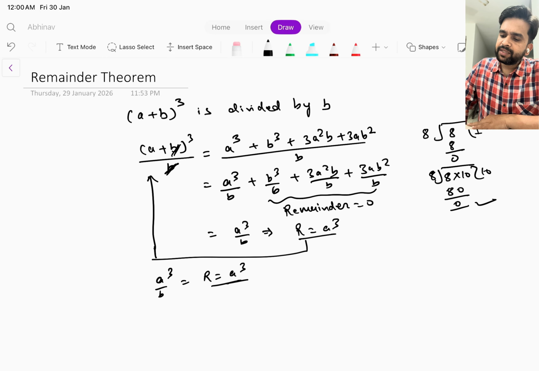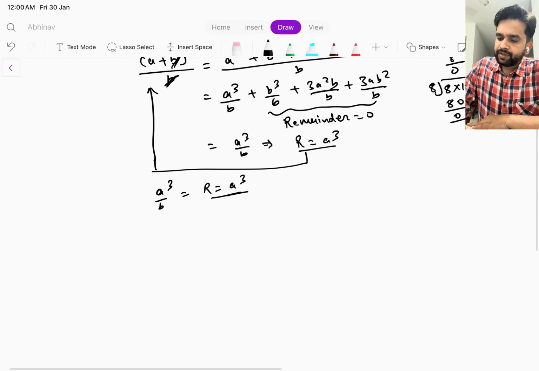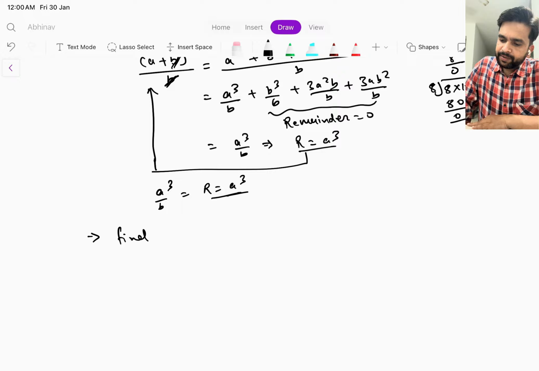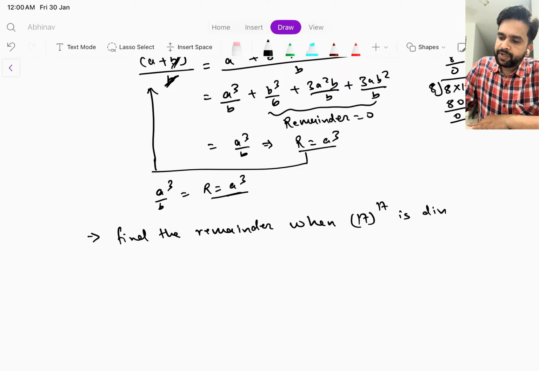So going by the same concept, if a question is given to us like this, find the remainder when 17 raised to power 17 is divided by 16. So I can write 17 raised to power 17 as (16 plus 1) raised to power 17 divided by 16.